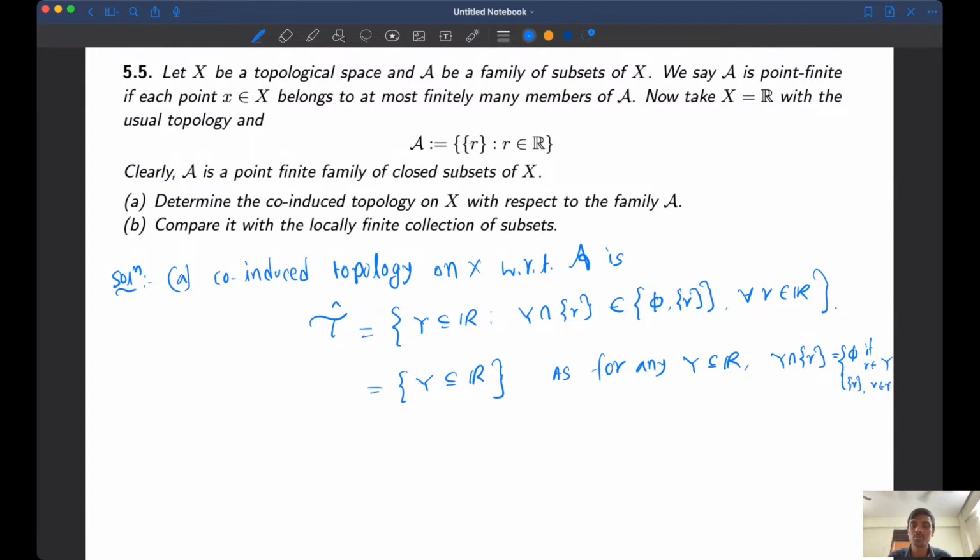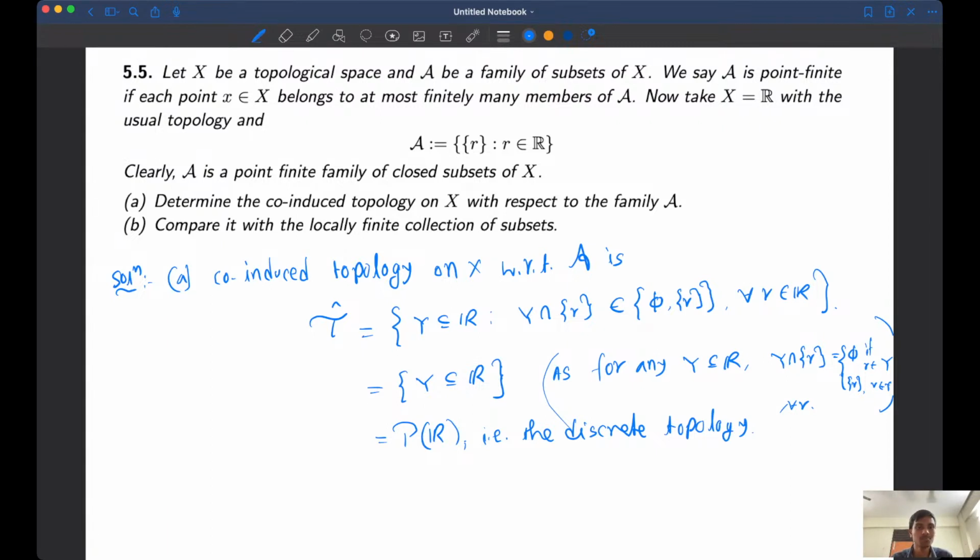That's the only two possibilities for all R. So it lies in this set. So this consists of all subsets of R. That means it is the power set of R. That means it is the discrete topology.